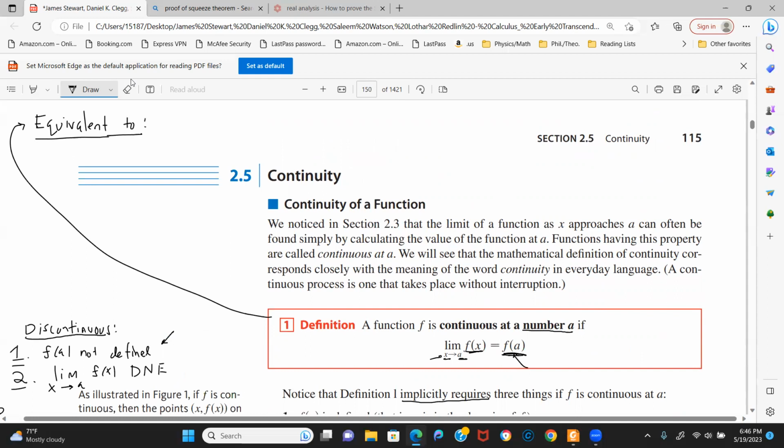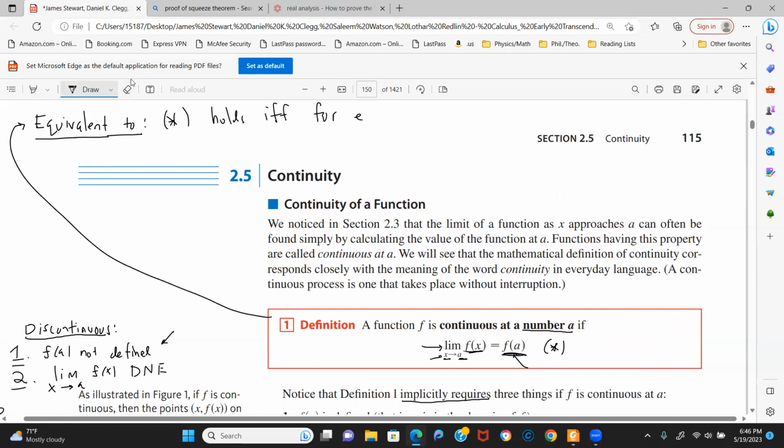We can rephrase this in terms of epsilon delta, because the limit itself is defined in terms of an epsilon delta. So let's call this equation right here star. So star holds if and only if, well, let's remember the epsilon delta definition of a limit.